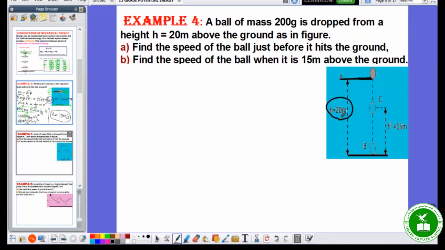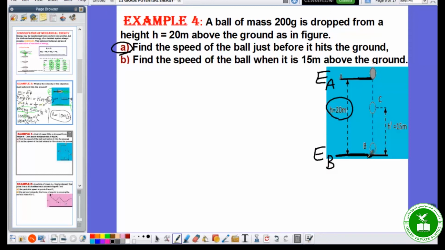First, part A. Find the speed of the ball just before it hits the ground. Before hitting the ground, we should calculate the speed. Again, we need to use the concept of conservation of mechanical energy. Energy at this point, let's say initial energy or energy at point A, should be equal to energy at point B. You see, this point is B.